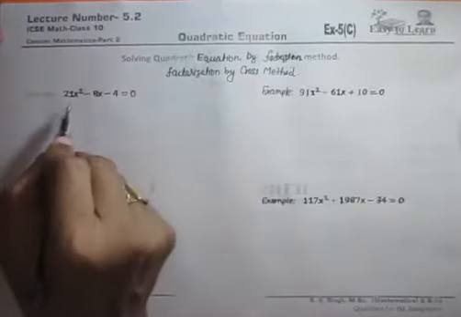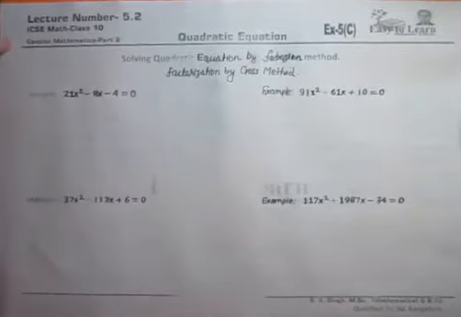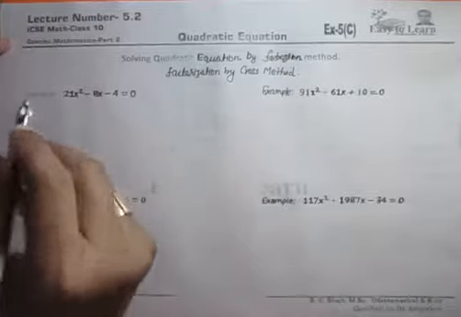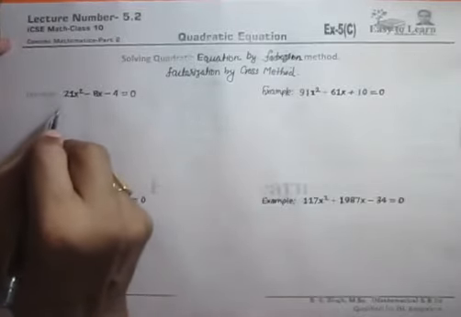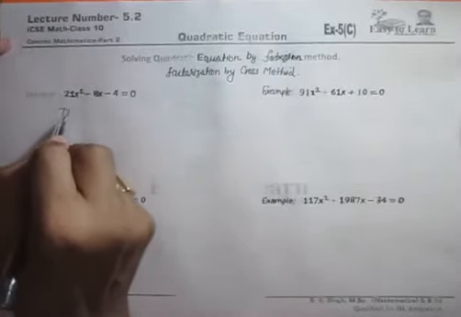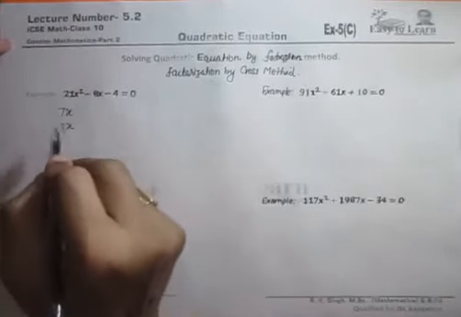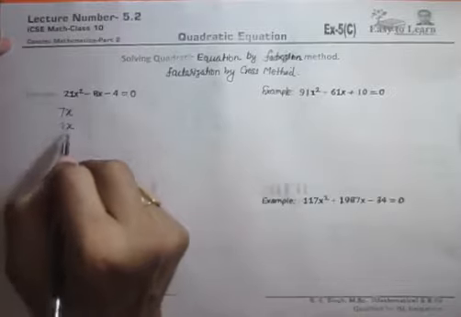Now suppose we have to factorize this by the cross multiplication method. So 21x square can be written as 7x and 3x. 21x square is equal to 7x into 3x.